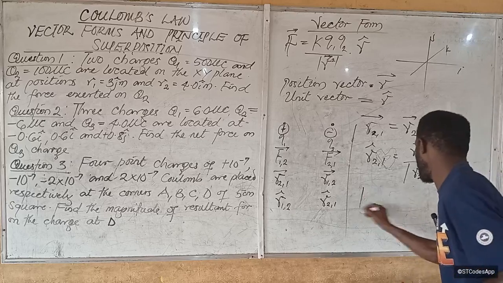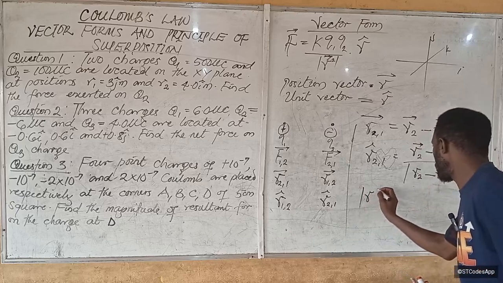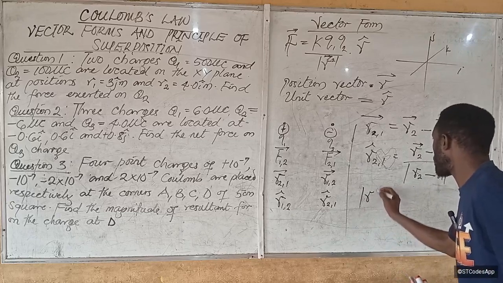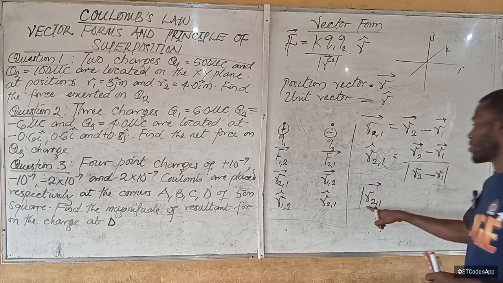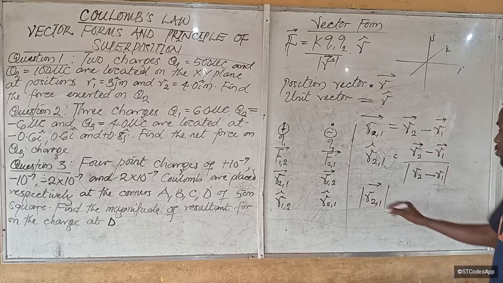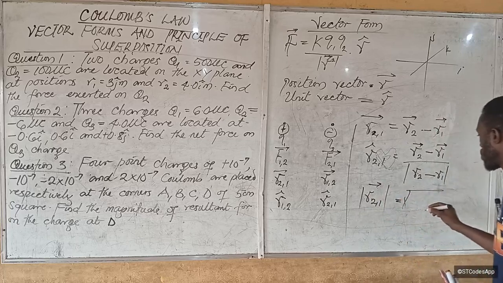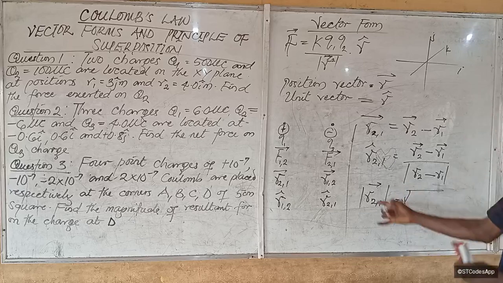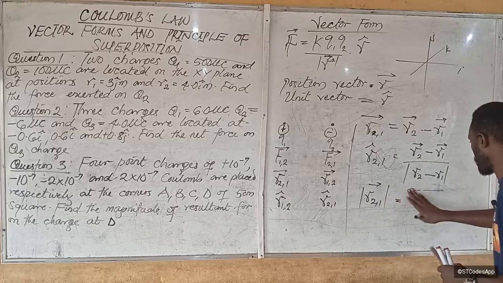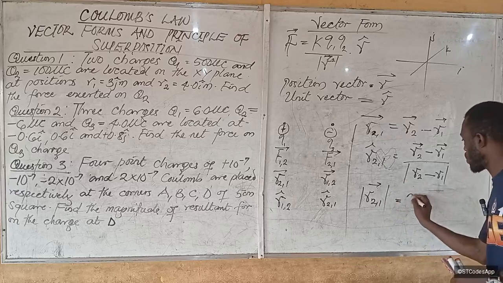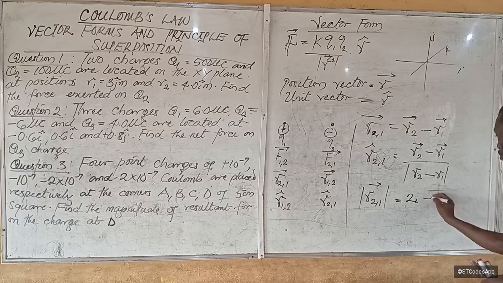But if you want to calculate the absolute value of the position vector R21, it is just the square root of the sum of the squares of the values that are given. So let's say you are given something like 2i minus 3j.